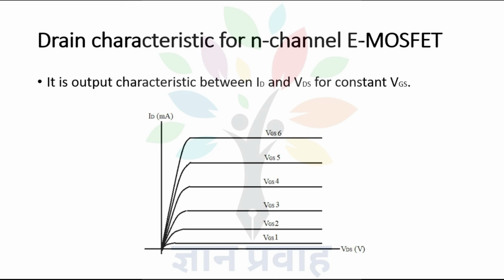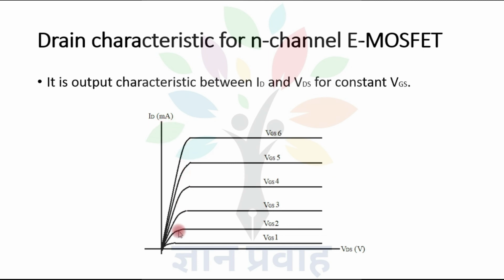Drain characteristic for N-channel E MOSFET. The drain characteristic of N-channel E MOSFET is the same as we have discussed for other FETs. Drain characteristic is nothing but the output characteristic, and it is the curve between ID and VDS for constant VGS. So there are three regions.